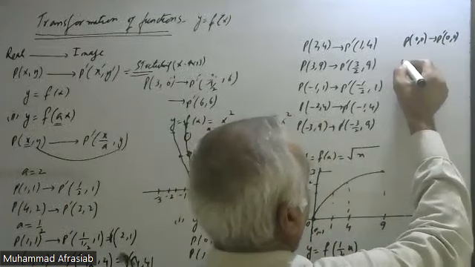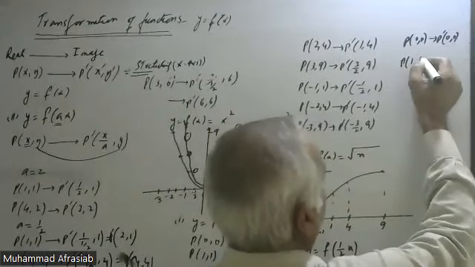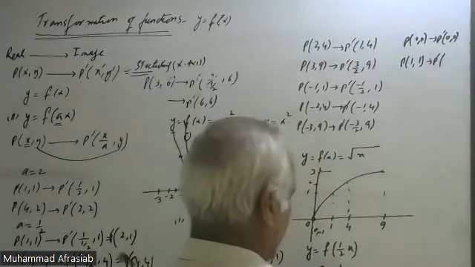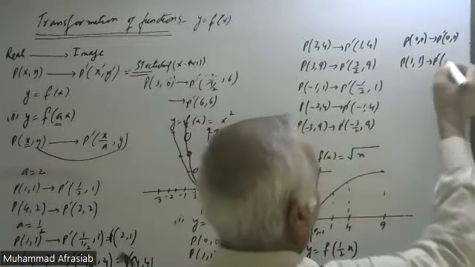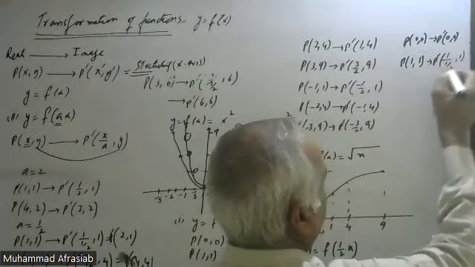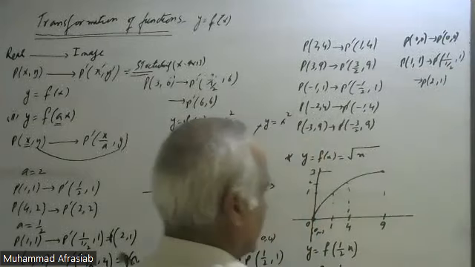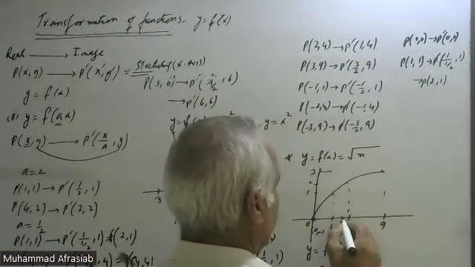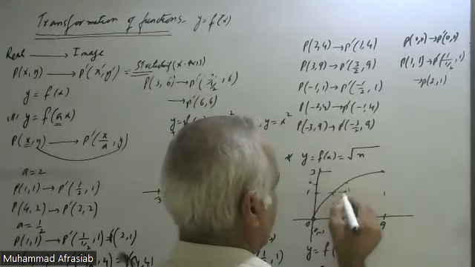Then for the point 1 and 1, the point P dash will be 1 over 1 by 2 and 1, which will become equal to 2 and 1. So if this position is 2, then it is going to be 1 at this point.